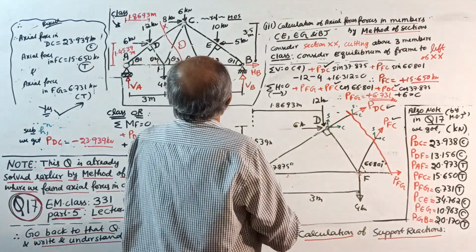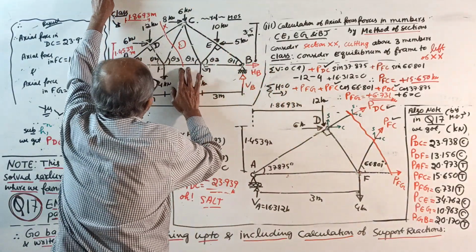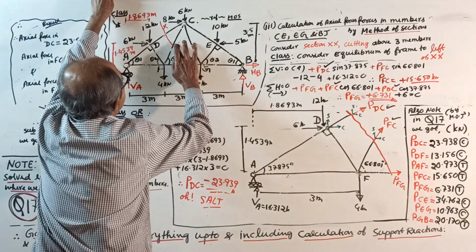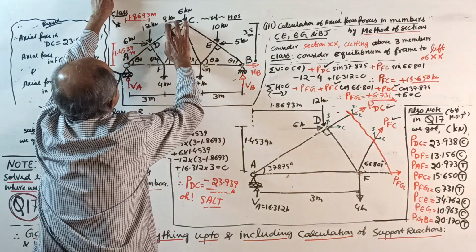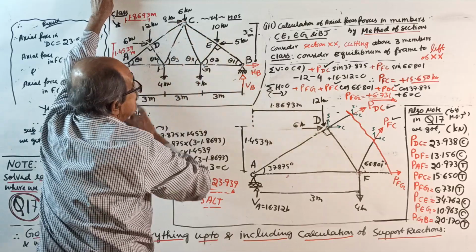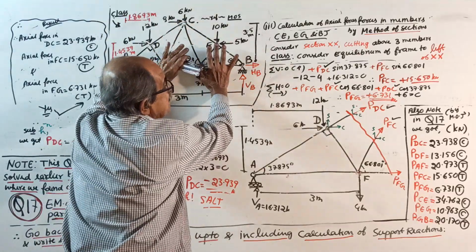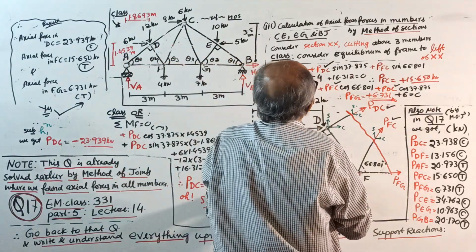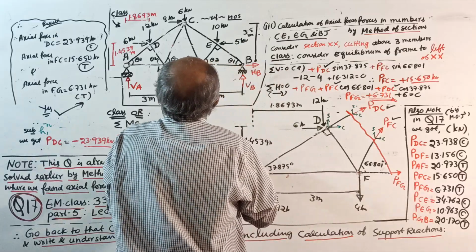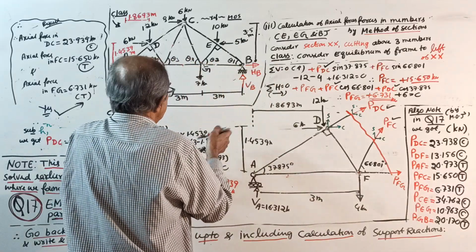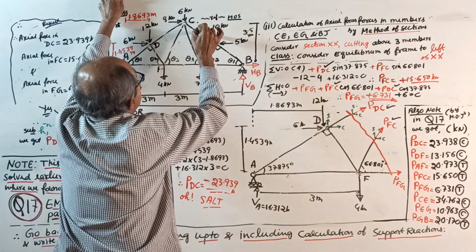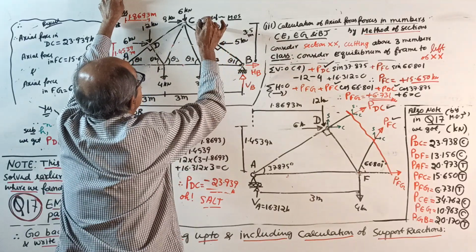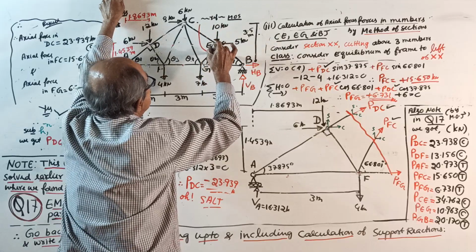Okay. Now, those who are serious, you should write one more sketch here. See, one more sketch is required. Very, very important. Then consider section XX cutting above 3 members. See here, where I am finishing now. This member means, it will come this way.